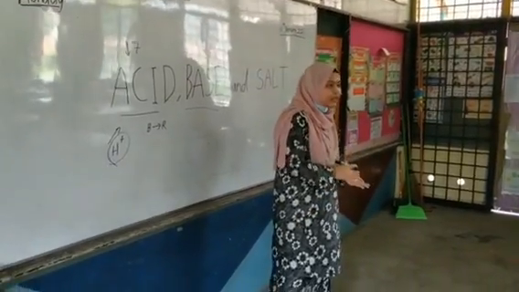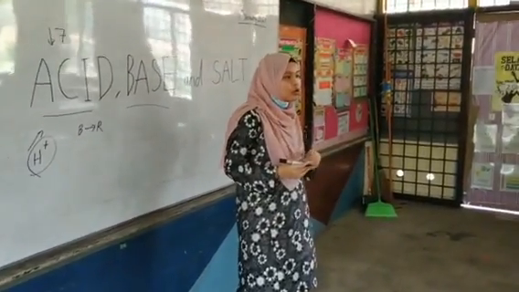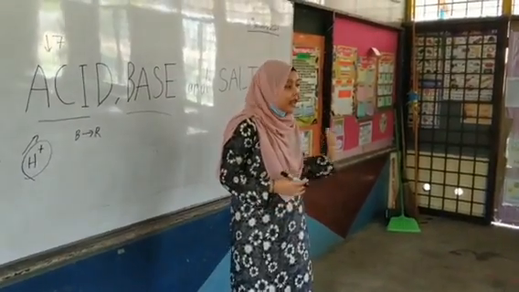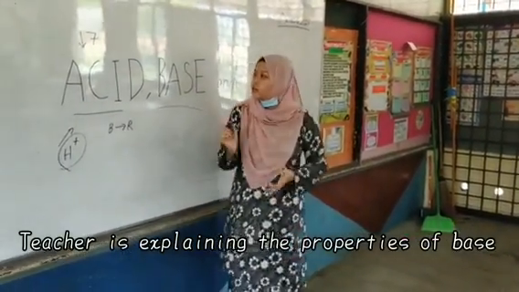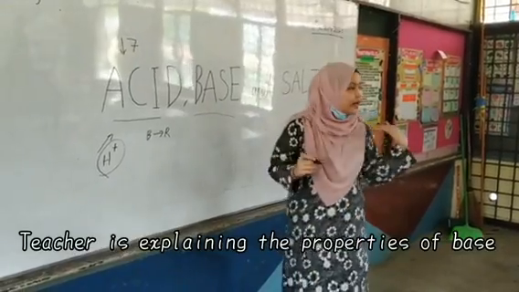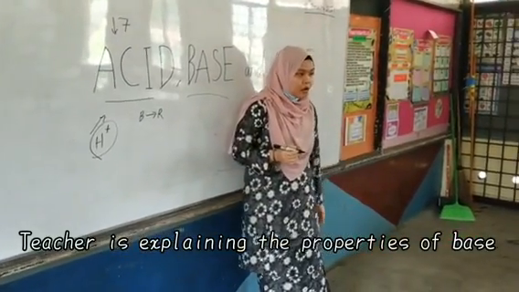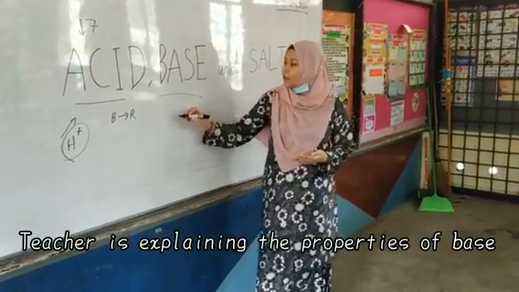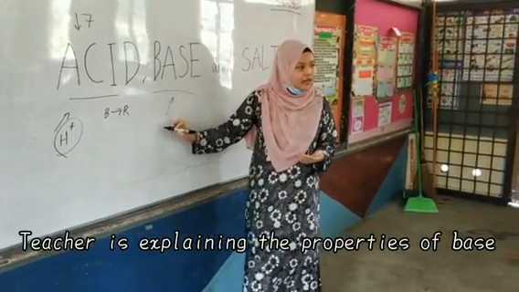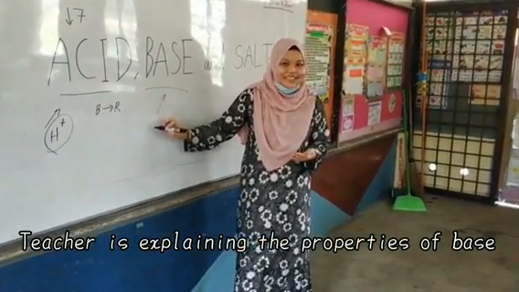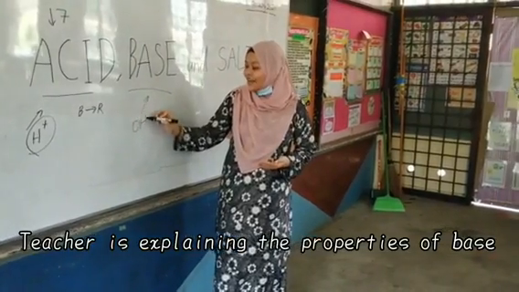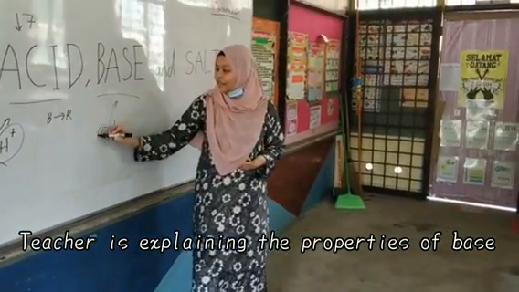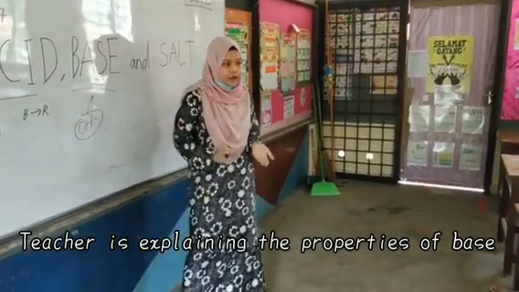The properties of base are the opposite of acid. Like Amalie mentioned, base will ionize in water and produce what ion? Hydroxide ion.